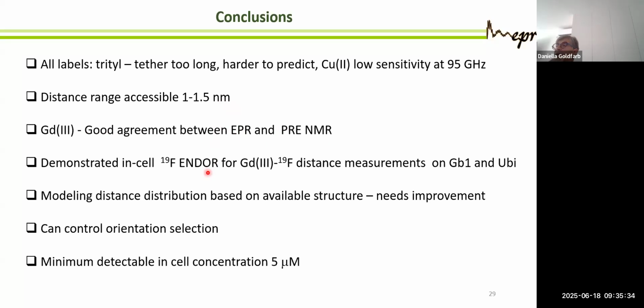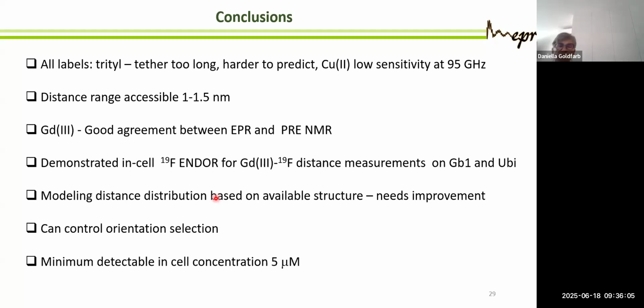We demonstrated in-cell ENDOR. I didn't talk about it, but modeling: when you model distances, if you have a structure, you can use MMM or MTSL wizard or whatever to model the distances you get from electron-electron distance distribution. And there usually your error is around 2 to 3 angstrom, which for a distance of 40 angstrom is fine.